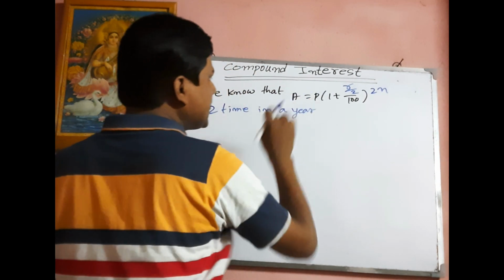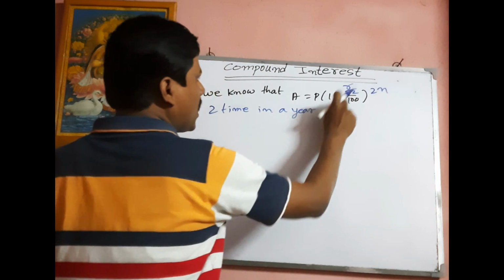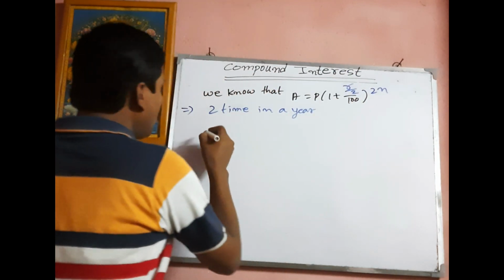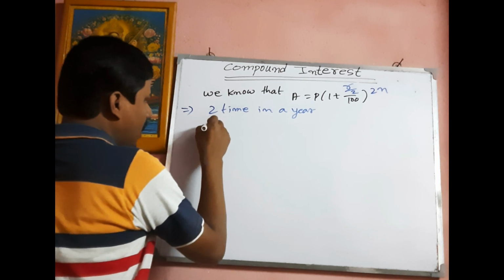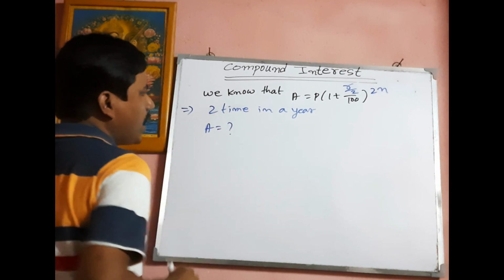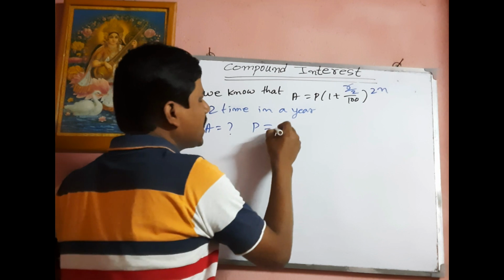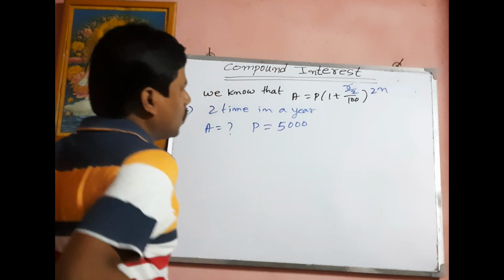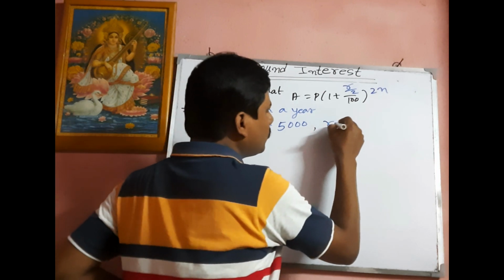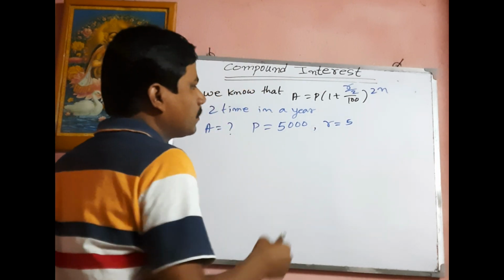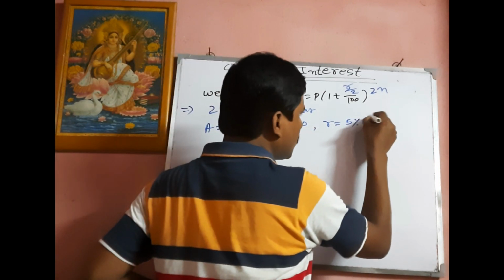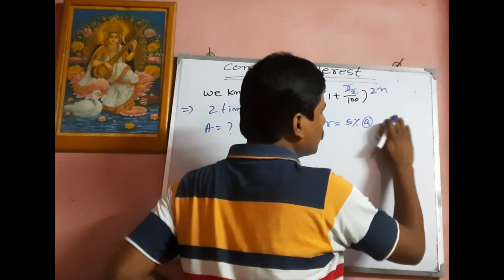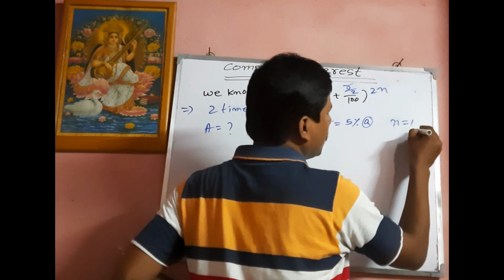So the formula is A is equal to P times 1 plus R by 2 divided by 100 to the power 2n. Now A is to be found out and P is equal to 5,000 and R is equal to 5% per annum and N is equal to 1 year.